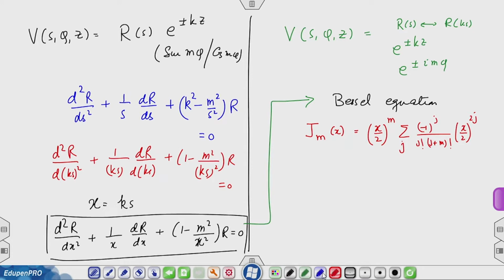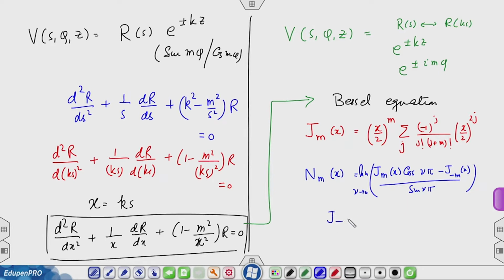And since it is a second order differential equation, there is another independent solution, which is known as the Bessel function of the second kind, N_m(x), which is J_nu(x) cosine nu pi minus J_minus nu(x) over sine nu pi, and we take the limit nu going to m.